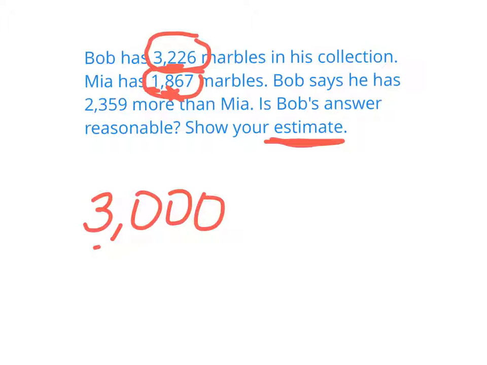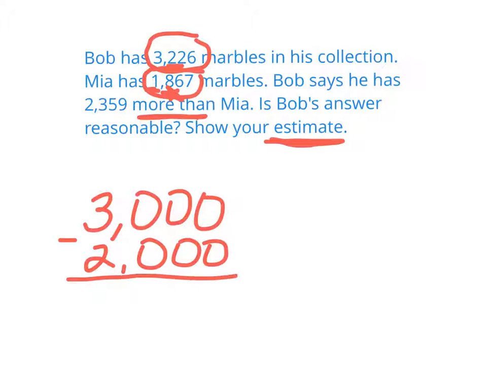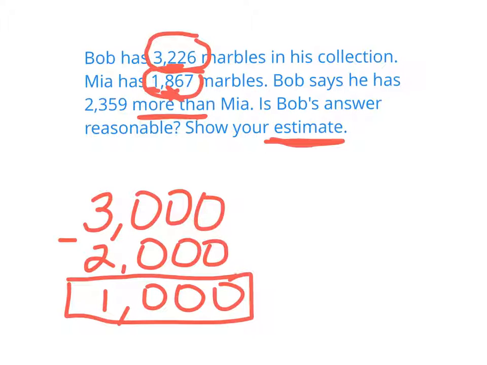That's going to round up to about 2,000 when I round it off. And since it says he has more than Mia, I know more than signals that there's a difference, so I'll need to subtract. And when I subtract this, my estimate is about 1,000. That means Bob's answer should have been close to 1,000 marbles more than Mia.